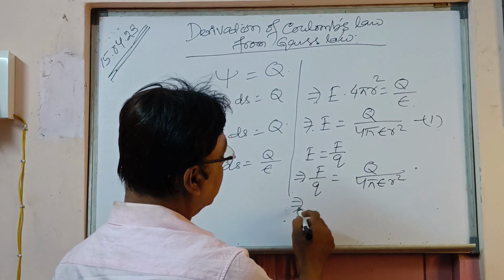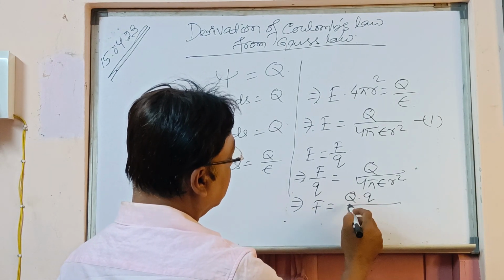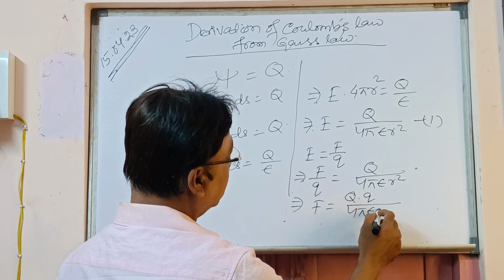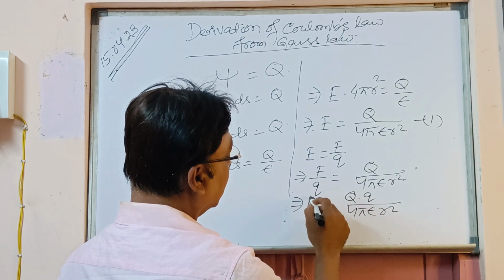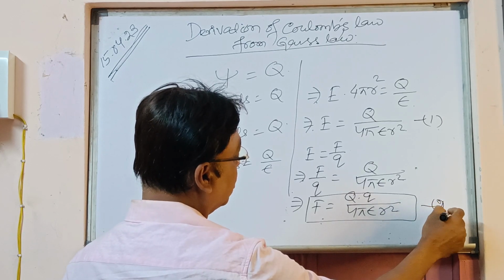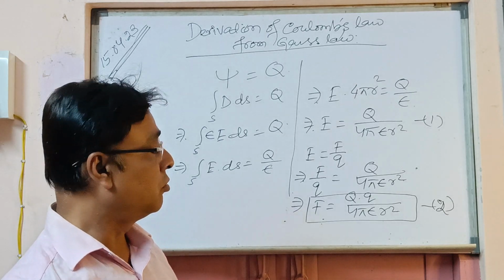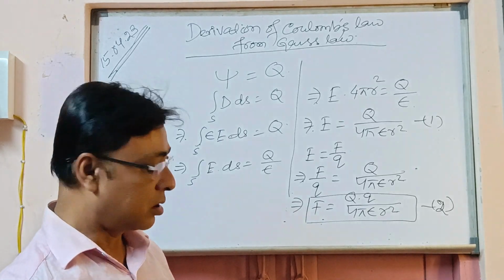So this gives F is equal to Q1 Q2 divided by 4 pi epsilon r square, which is nothing but Coulomb's law. So this is verified. This is the derivation of Coulomb's law from Gauss's law.